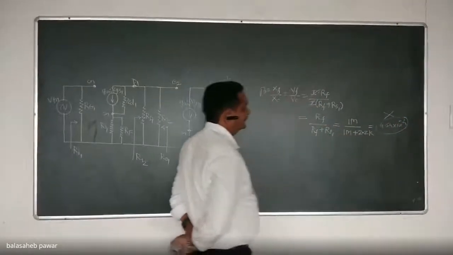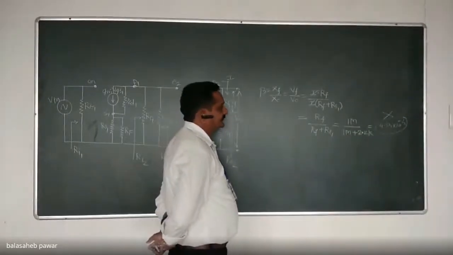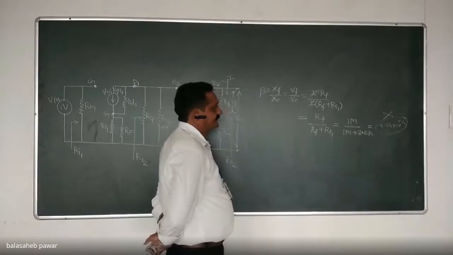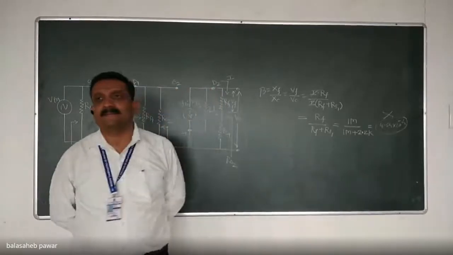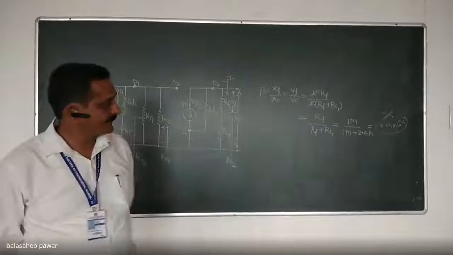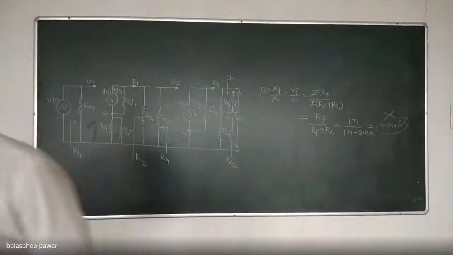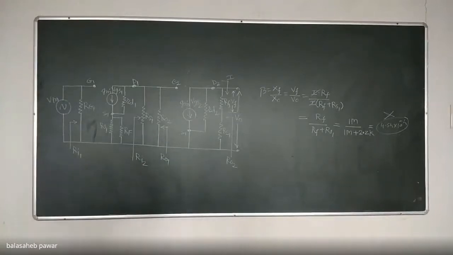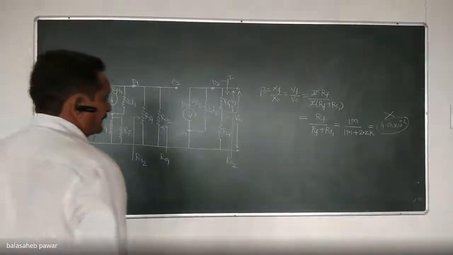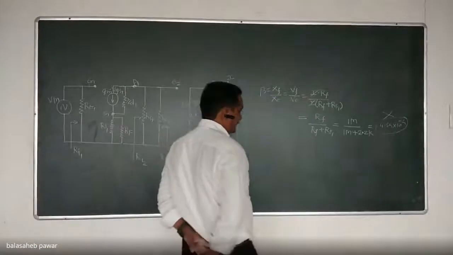Wrong answer. One mega means 1 into 10 raised to plus 6, and 2.2 K means 2.2 into 10 raised to plus 3. Do it properly.